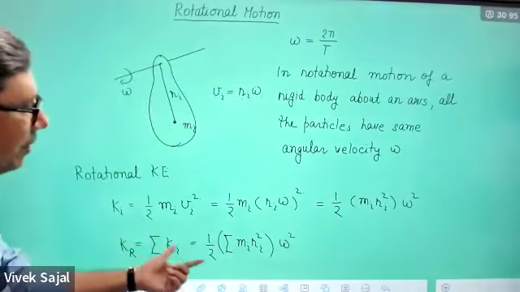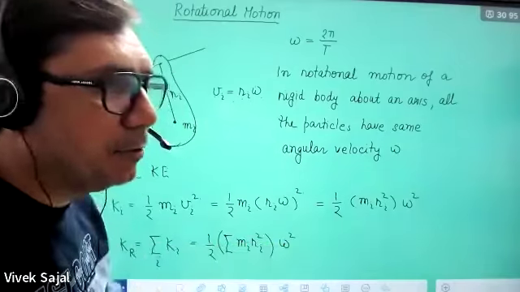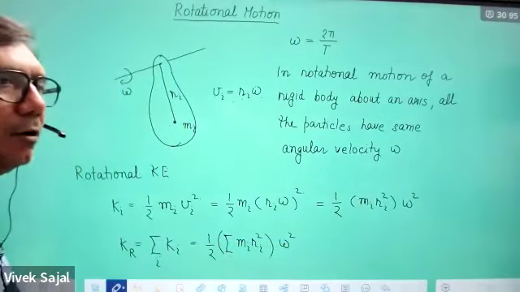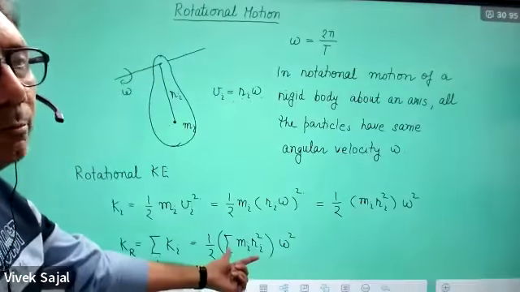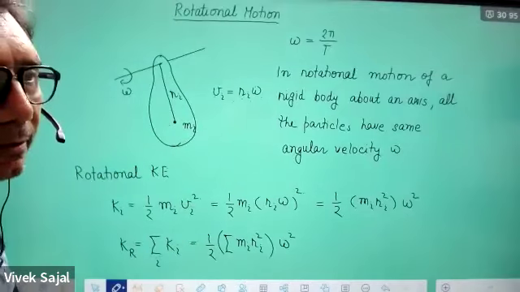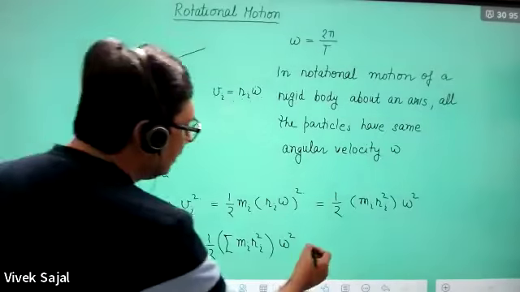Omega is the same for all the particles, so I am taking it out. And what is this quantity in the bracket called? Beta, this is the moment of inertia of this rigid body. So this is 1 by 2.